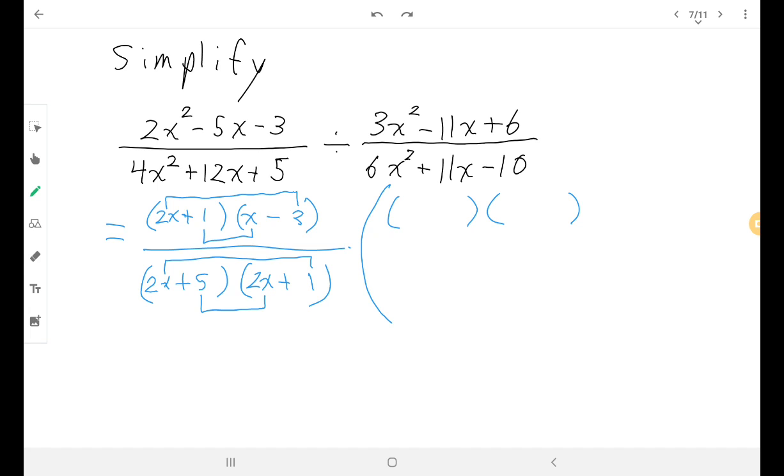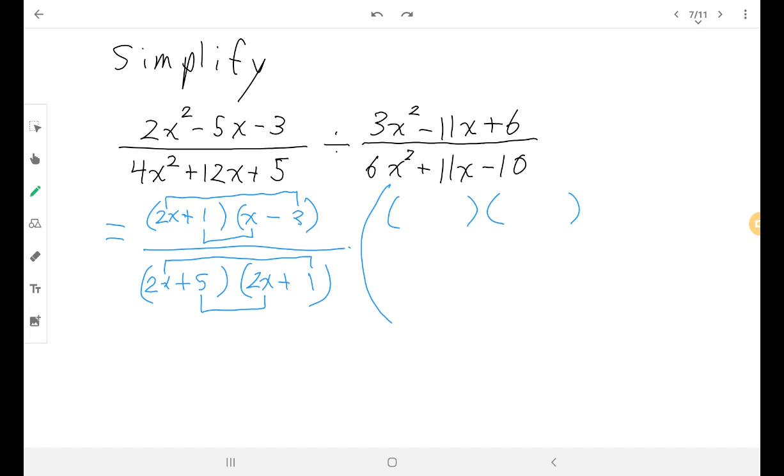Well, let's see. 6 and 2 is 12, but 1 and 5 is 5, and 12 minus 5 doesn't make 11. So if I could do 10 and 1, that would be helpful.